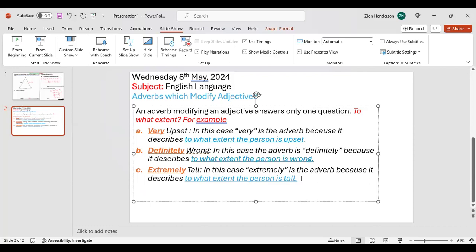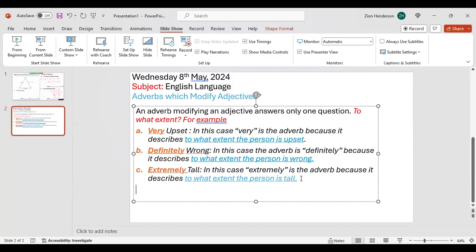You understand that? Yes, sir. Can you say that again, please? In the sentences I'm going to give you, you're going to tell me what is the adverb, and then you're going to tell me what is the adjective that it modifies.